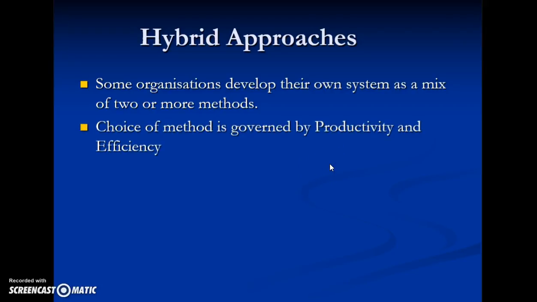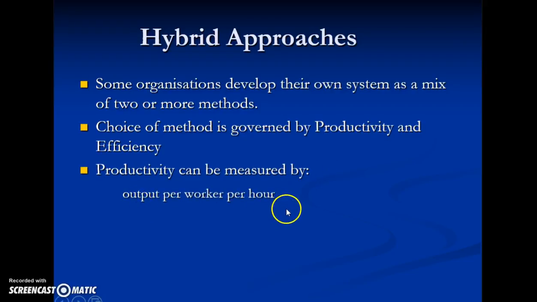So basically, the choice of which method they use is governed by how productive it is and how efficient it is in terms of getting the most out of their resources. As mentioned, for productivity, we can look at output per worker per hour. If you're looking at really raising your productivity as measured by this, you're going to employ some form of job production techniques.